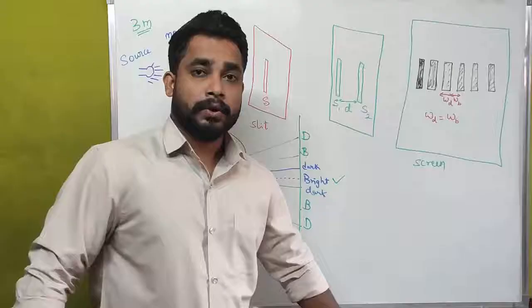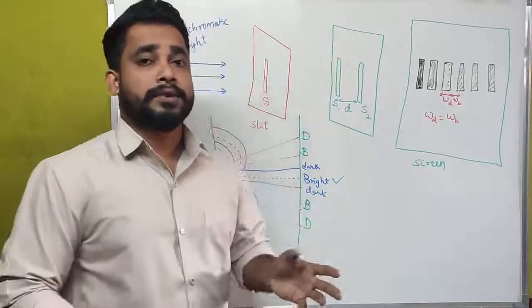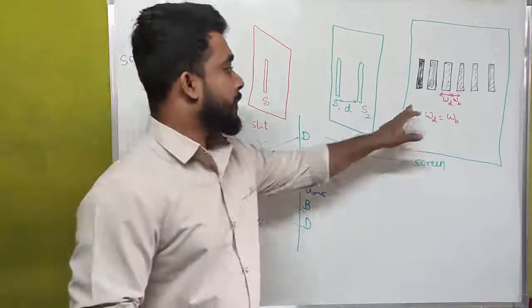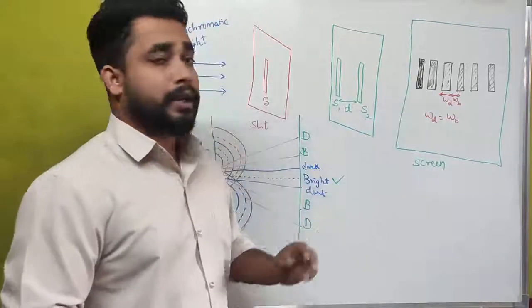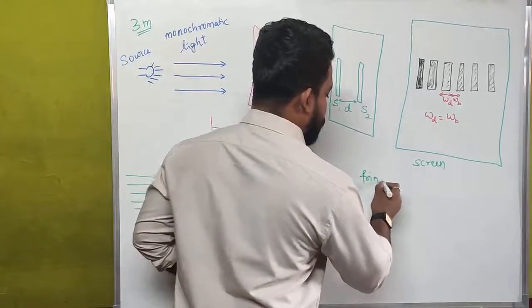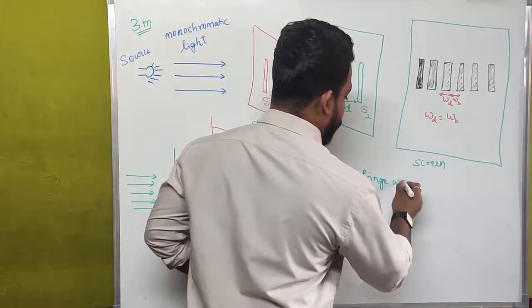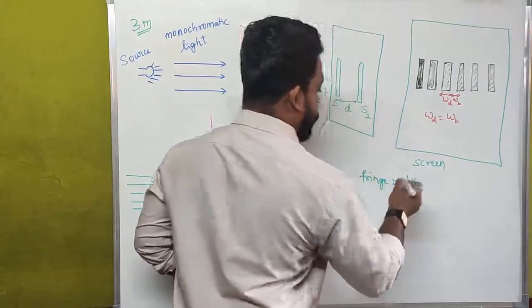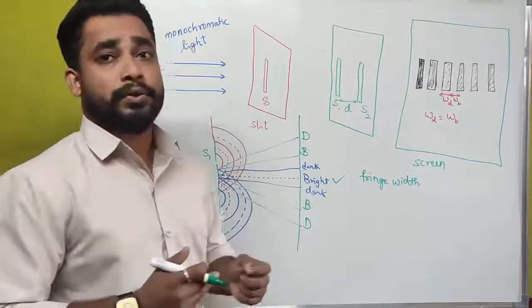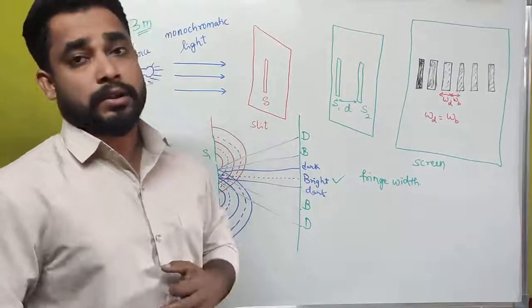Next, we have to see what is the meaning of fringe width. Here we have seen bright and dark fringes. Fringe width is the distance between two consecutive bright fringes or dark fringes.